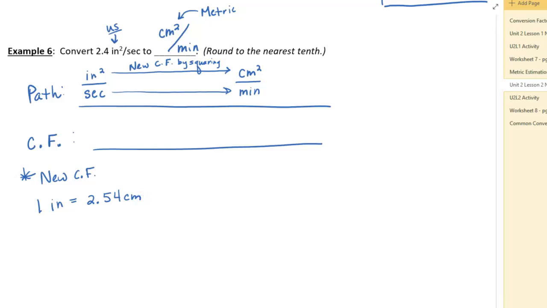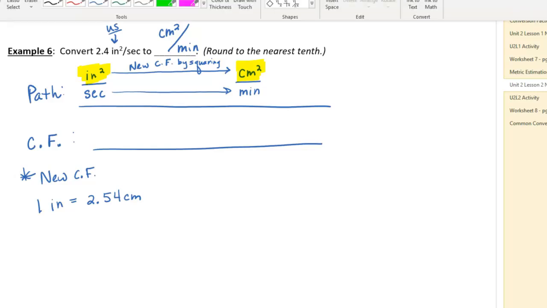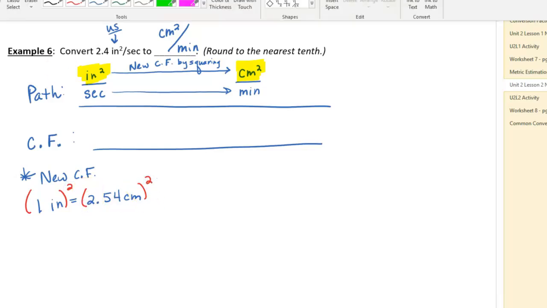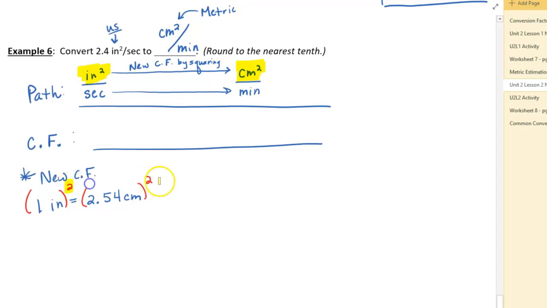But since these units are not just inches and centimeters, they're inches squared and centimeters squared, we're going to have to square both sides so that our conversion factor will have the squares on them as well.